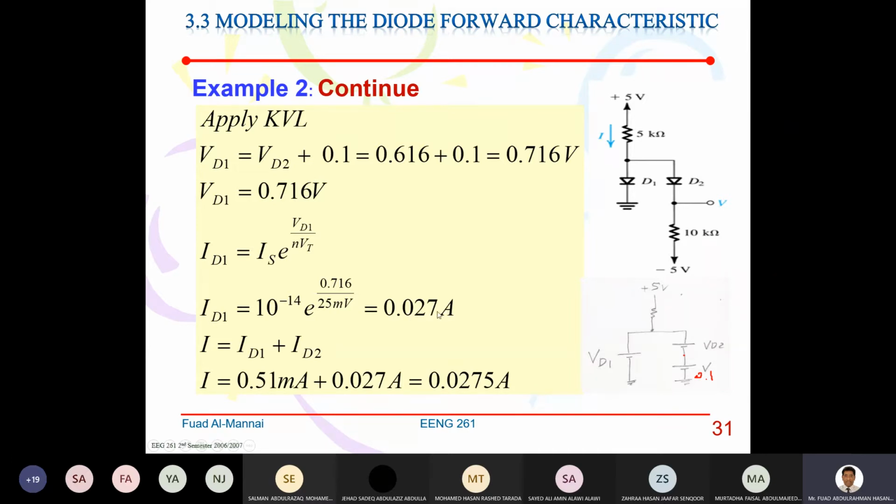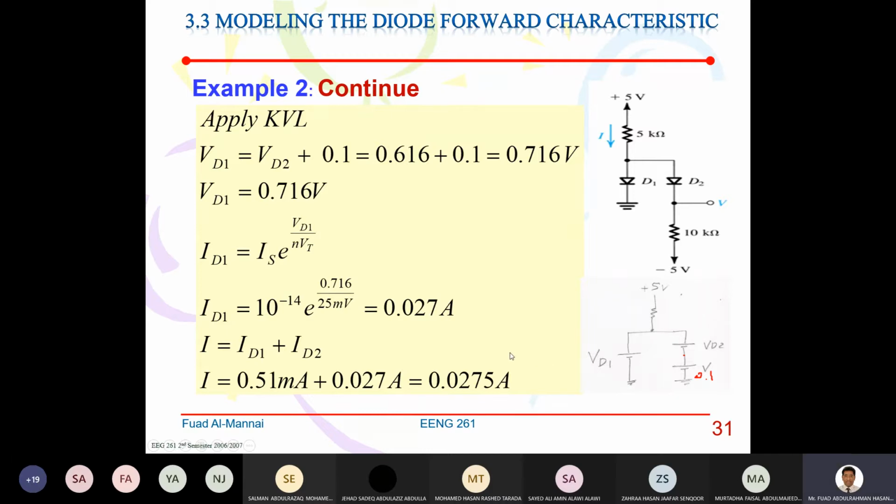Now I can substitute for ID1 and ID2 and solve for I using KCL, and I will find that I is equal to 0.51 milliamp plus 0.027 amp, and that will give you 0.0275 amps.